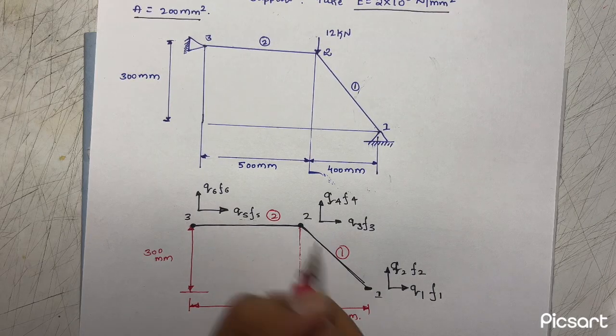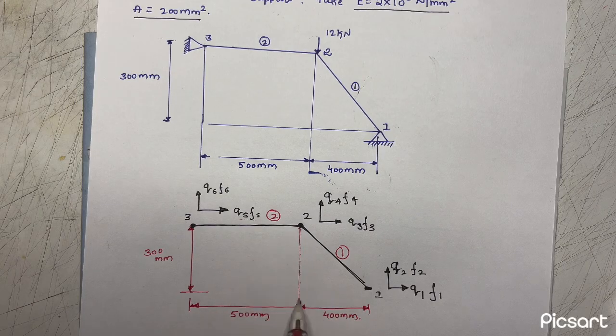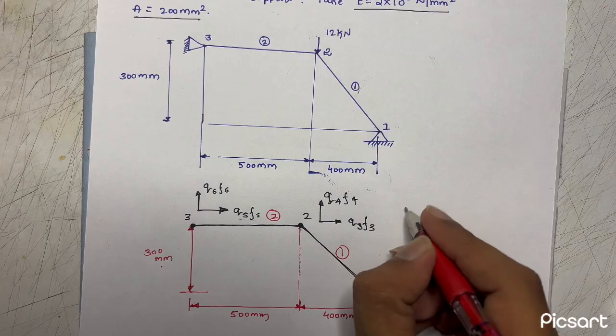That is parallel, so if we extend this line, this will be 500. What about this element 1? Here the vertical distance is 300 mm and horizontal distance is 400 mm. With the help of Pythagoras, we'll calculate the length of element 1.